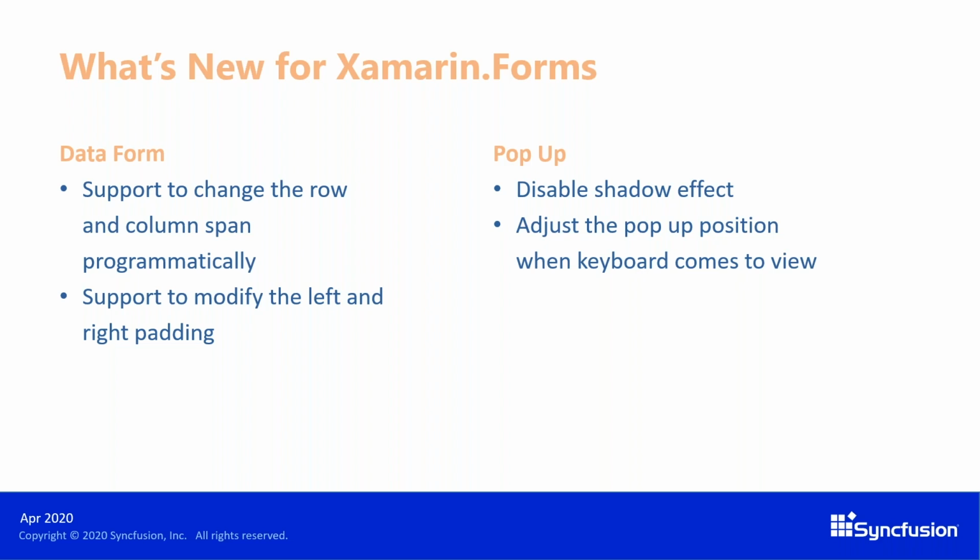Now you can adjust the position whenever a keyboard comes up, so the pop-up can move up and you can see both the pop-up and the keyboard. Earlier, the pop-up would be hidden because of the keyboard. Now we have a way to adjust it. So these are the cool features with data form and pop-up.